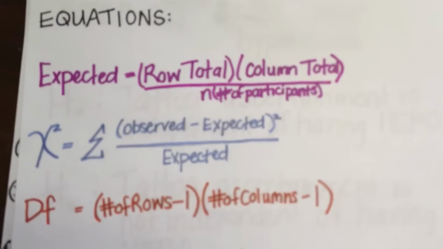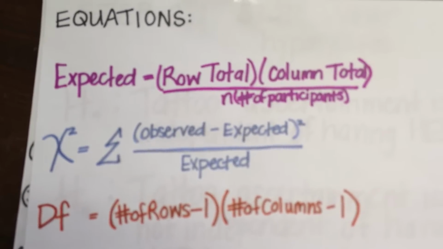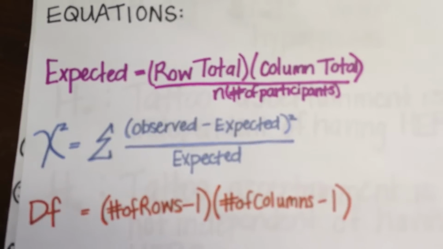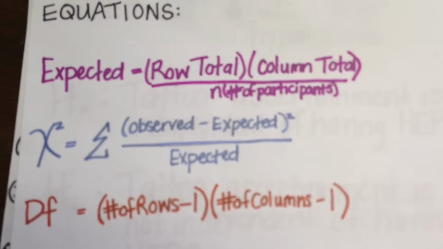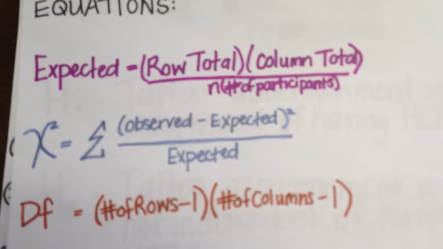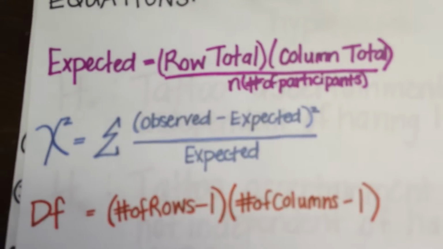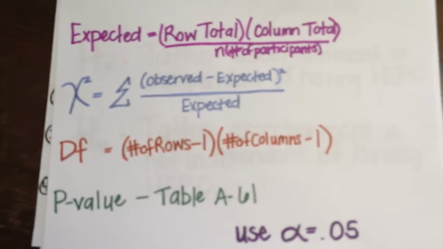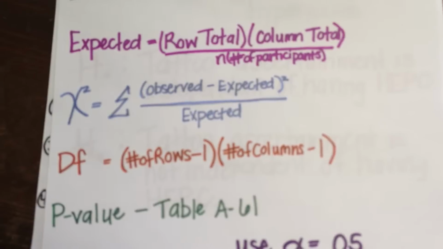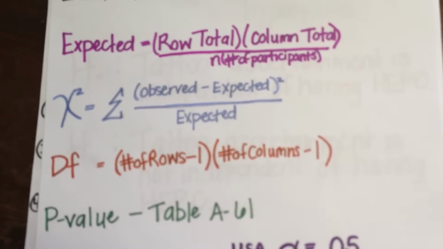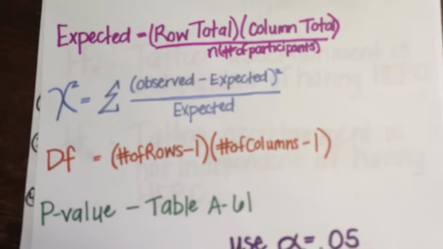Your next equation is your chi-square equation, which is the sum of observed minus expected, squared, over expected. Your degrees of freedom would be your number of rows minus 1 times your number of columns minus 1.